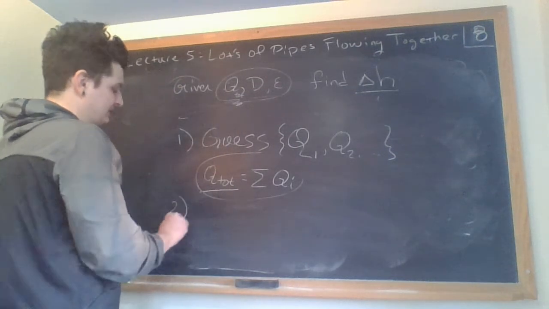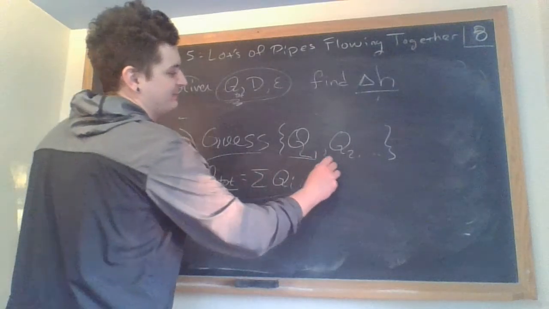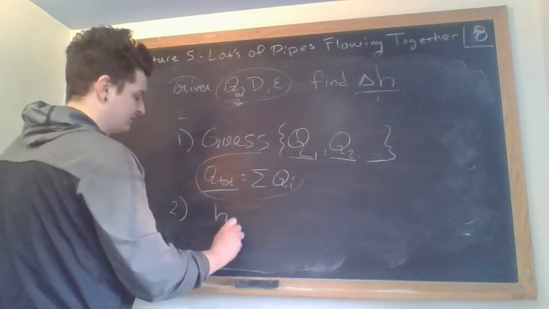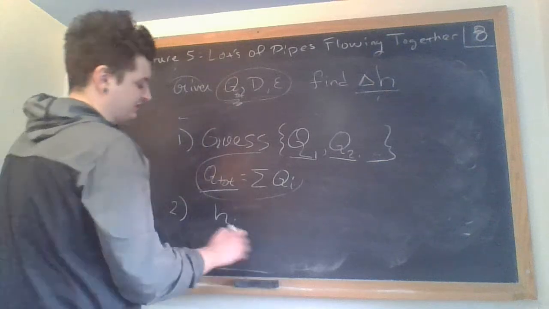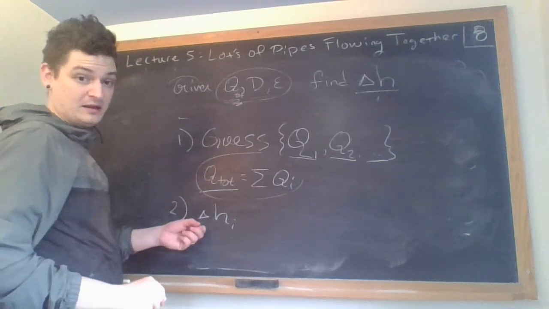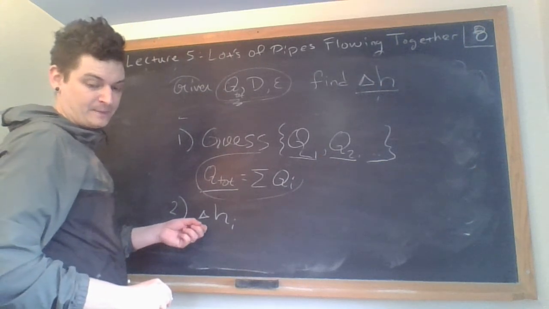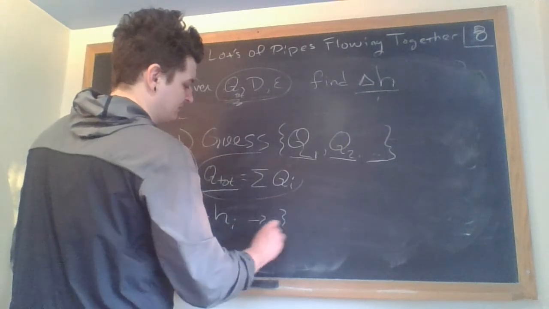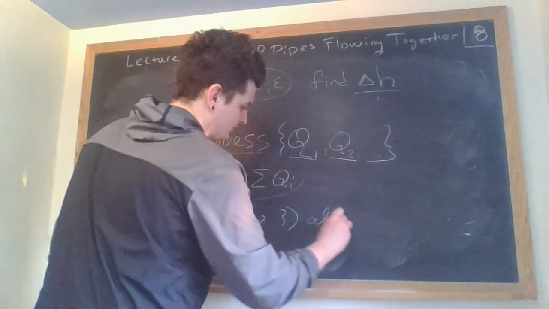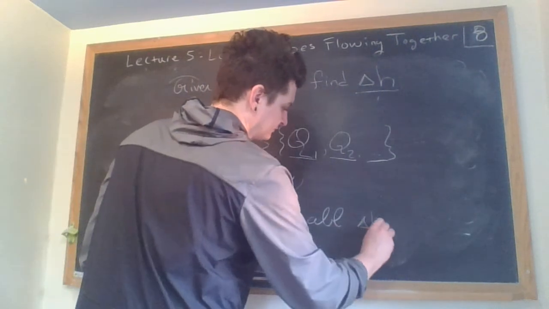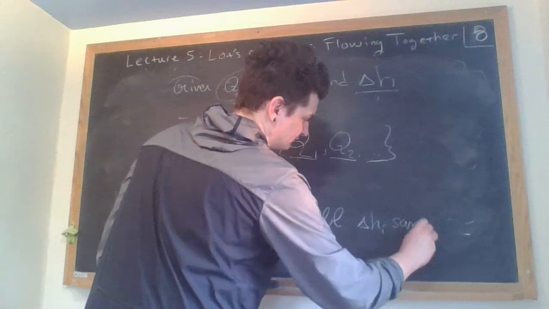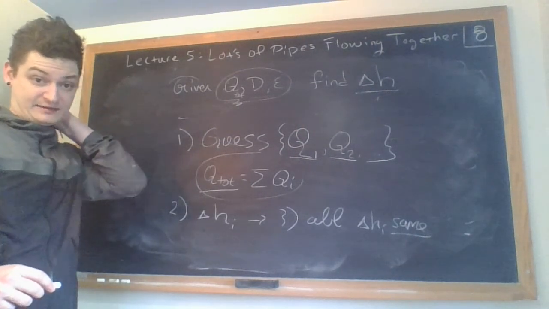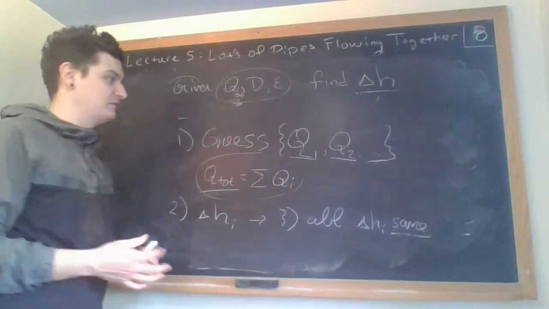And then it's fairly simple because after you make these guesses, for each resistance, you can calculate all of the head losses based on the components. And then the last step is you just check to make sure that all of the head losses are exactly the same. If they're not, you have to redo and iterate with some updated formula.